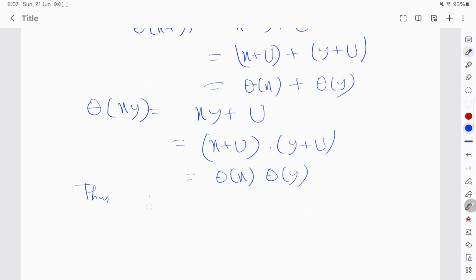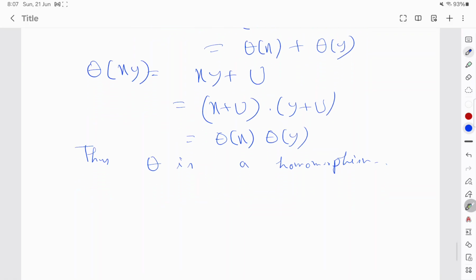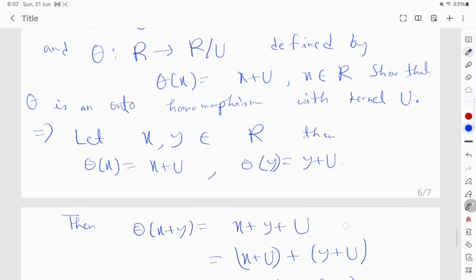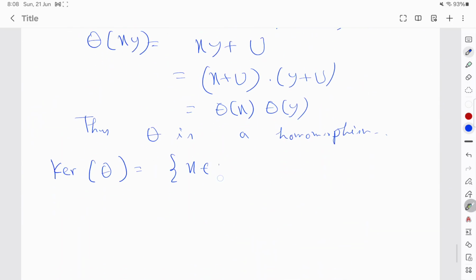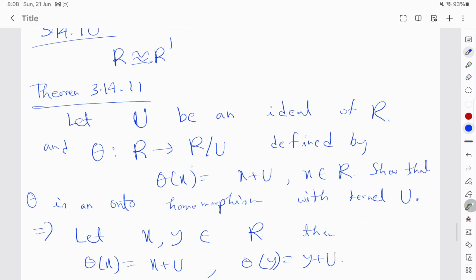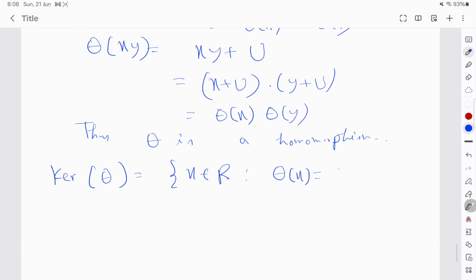Thus theta is a homomorphism. So what will be the kernel of theta? Kernel of theta is all x belongs to R such that theta of x is the zero element of R by U, which is only U, right?